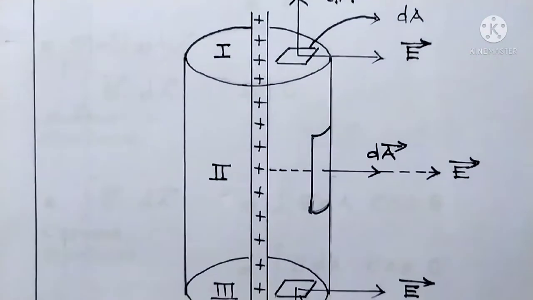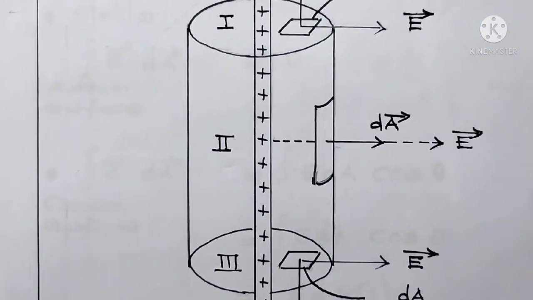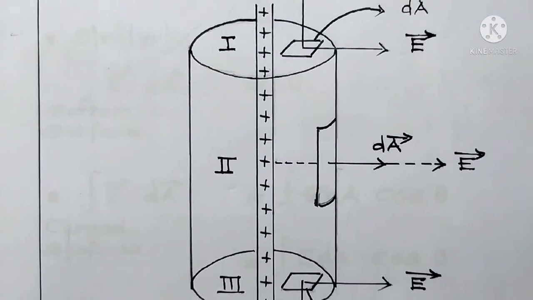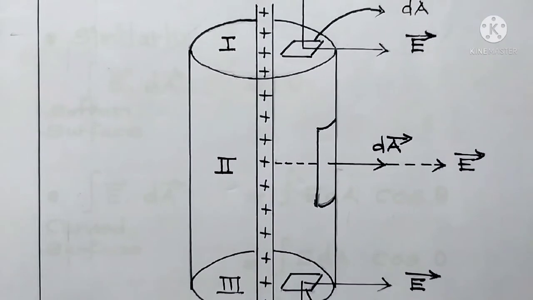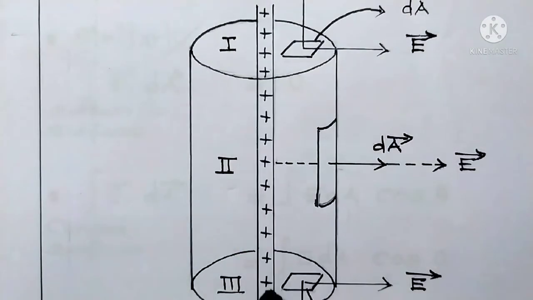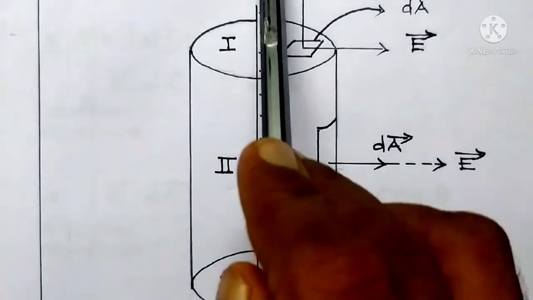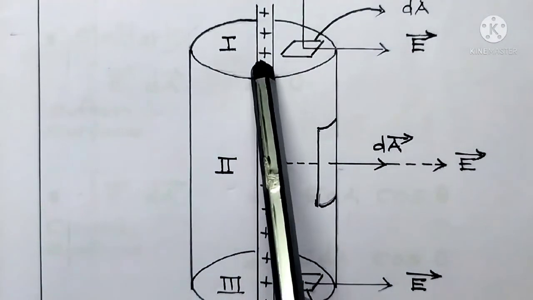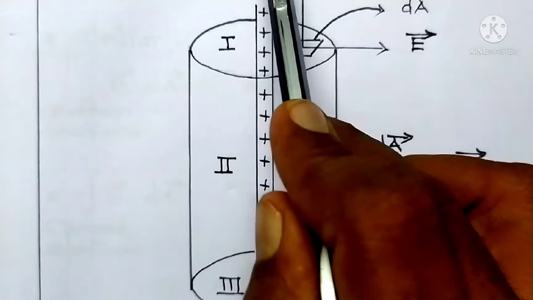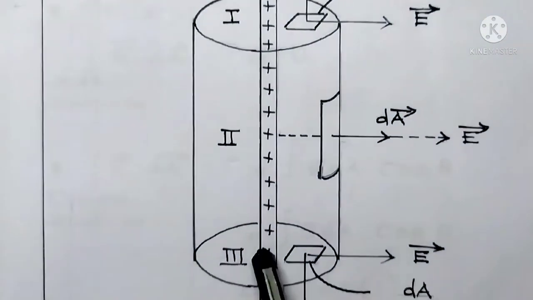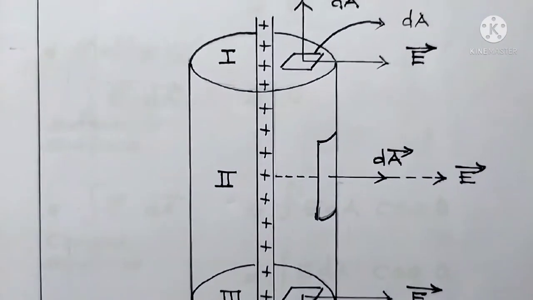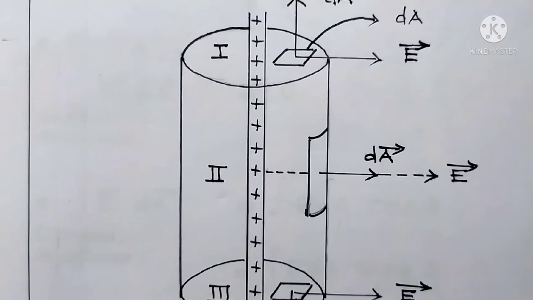Now have a closer look at this diagram. Here there is a charged wire which is infinitely long, which means it extends both up and downwards infinitely. Now this wire is charged positively.